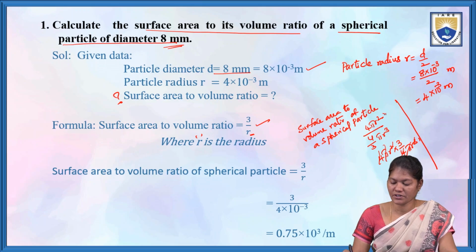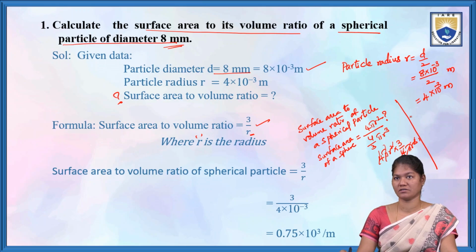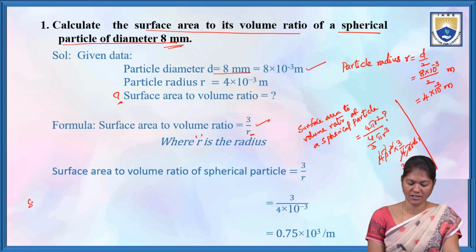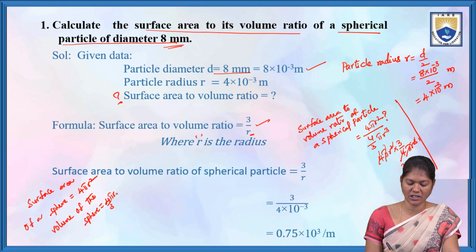That is why I have written here 4 pi r square: the surface area of a sphere is equal to 4 pi r square, and the volume of the sphere is equal to 4 by 3 pi r cube.